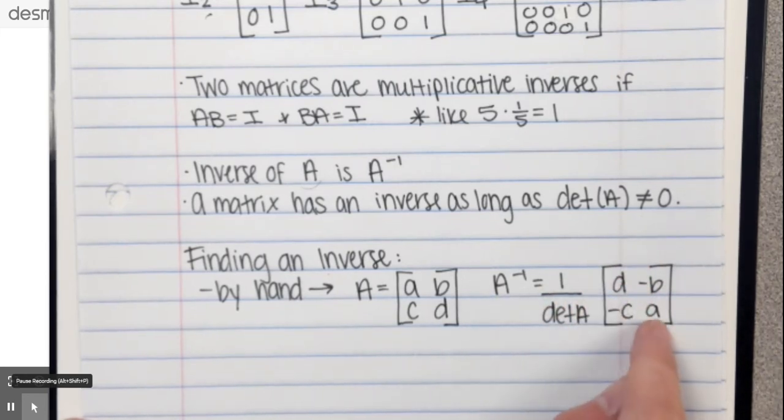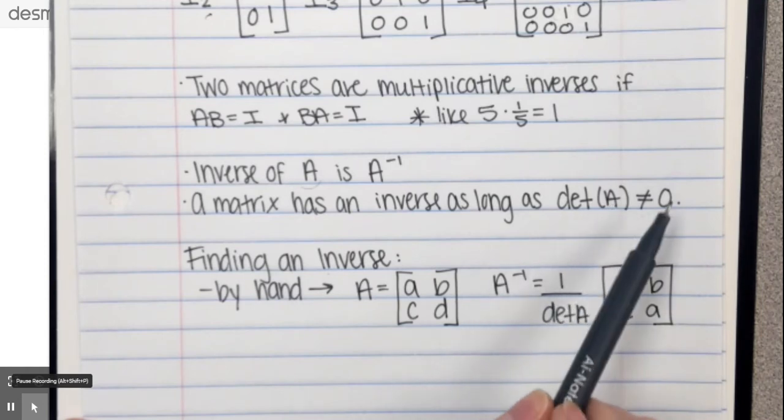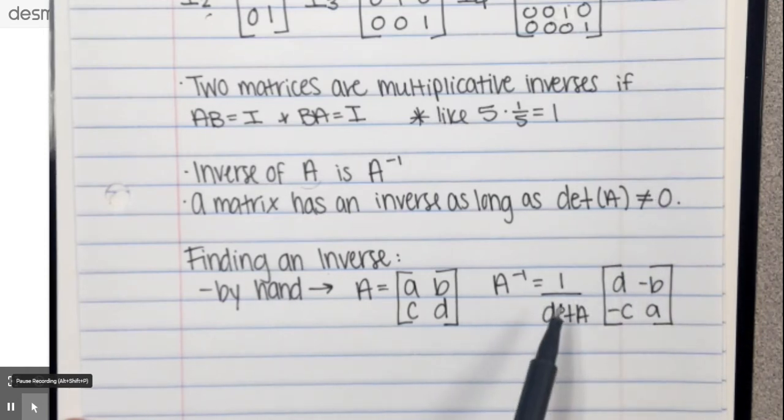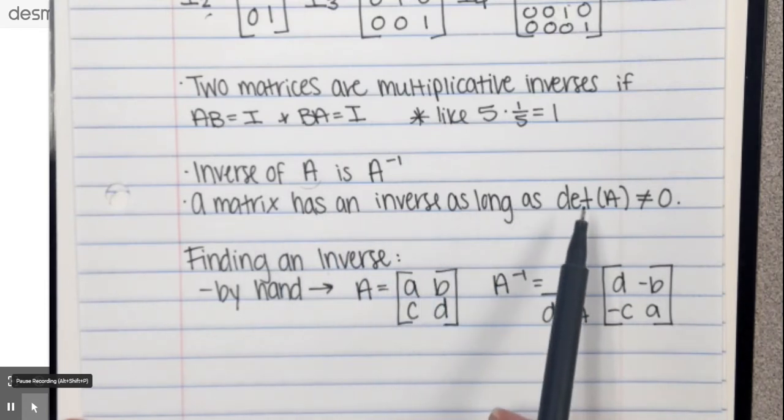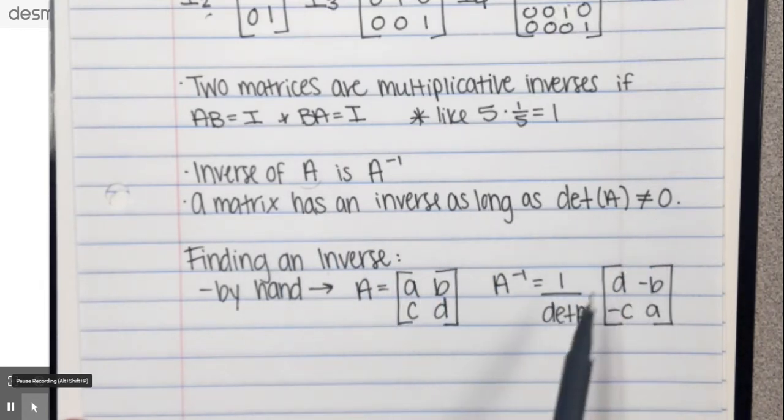So you swap A and D, you swap B and C, and then make those the opposite. Your determinant can't be 0 because that determinant goes on the bottom of the fraction. It's the denominator. We know we can't have a denominator of 0, because that would make it undefined. So as long as the determinant isn't 0, you can have an inverse, and this is why.